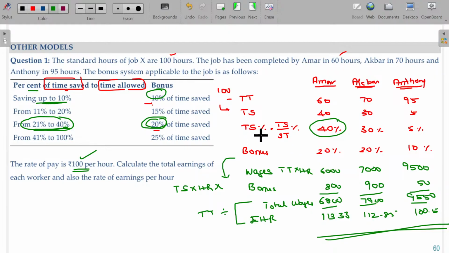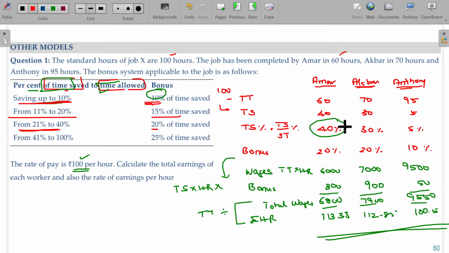If the percentage of time saved to time allowed is up to 10%, it will be eligible for 10% of the time saved as bonus. If it is anywhere between 11 to 20, then 15% of time saved will be the bonus. If it is anywhere between 21 to 40%, 20% of the time saved will be given.